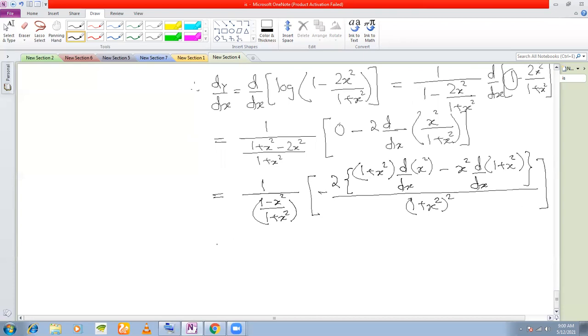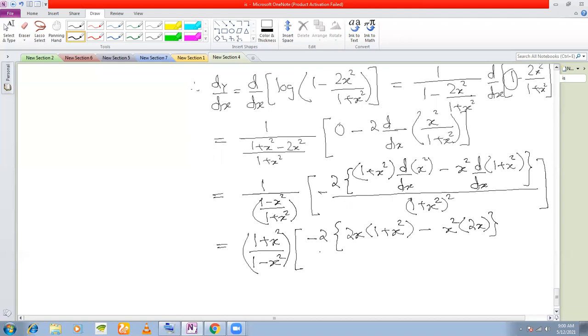So we have 1 plus x square by 1 minus x square into minus 2. d/dx of x square is 2x, so 2x into 1 plus x square, minus, you have x square into 1 plus x square, differentiation is 2x, and you have divided by 1 plus x square whole square.